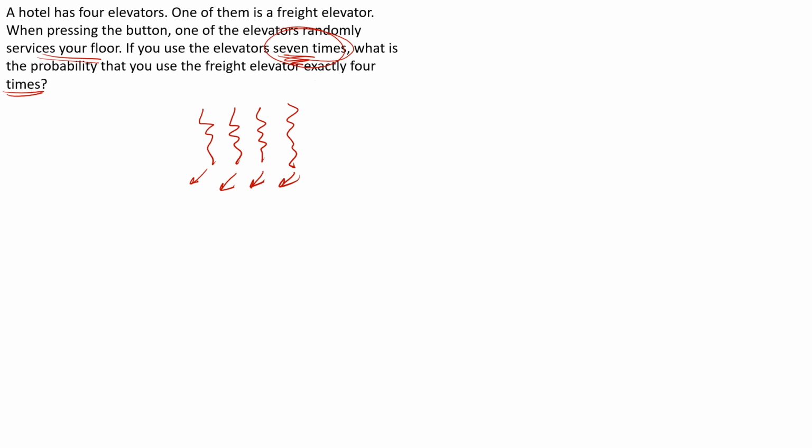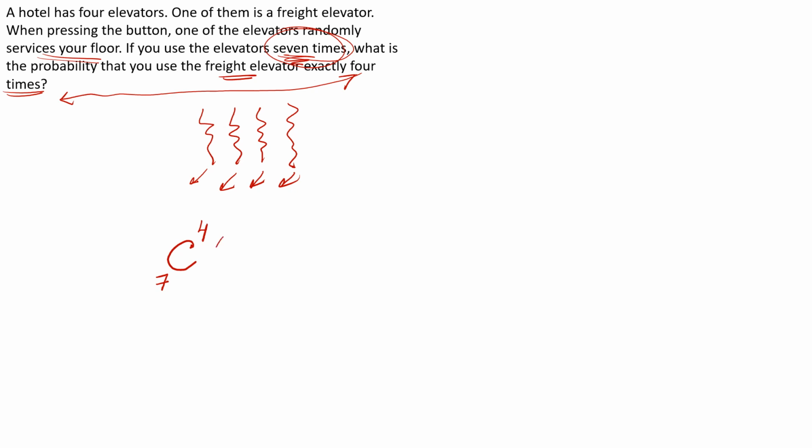And out of the 7 times, there is a possibility that 4 times the freight elevator comes to you. Okay, so we will use our binomial situation. See, 7 times you are using the elevator, and out of the 7 times, there are 4 times possibility that the freight elevator is coming towards you.